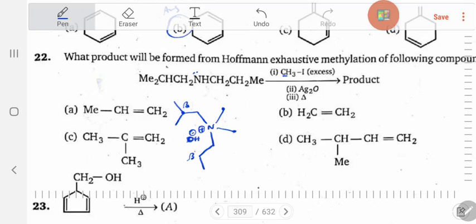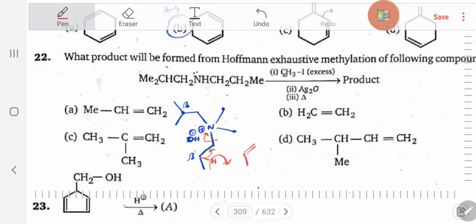Base will abstract beta hydrogen from the least substituted. So it tries to abstract hydrogen from this. This is the least substituted. If this is removed, then what happens? This bond will be shifted here and this bond got shifted here. So the obtained product will be, you will get carbon double bond. This is the product obtained.